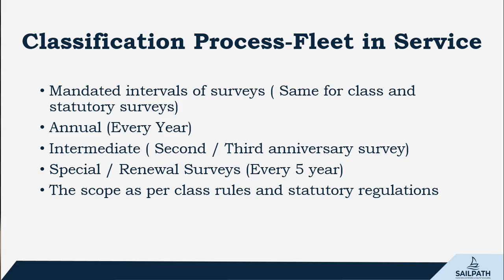These mandated intervals will be the same for class and statutory surveys according to the harmonized survey. These are annual, which is carried out every year, intermediate, which may be the second or third anniversary survey, and the special or renewal survey every 5 years. The scope of the survey depends upon the class rules and statutory regulations.